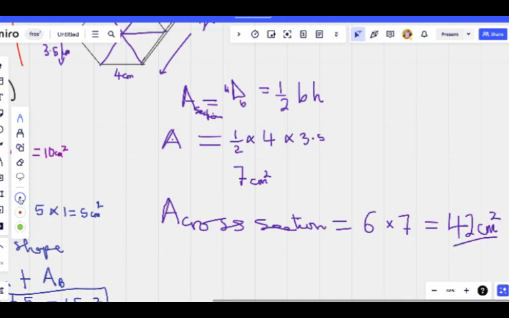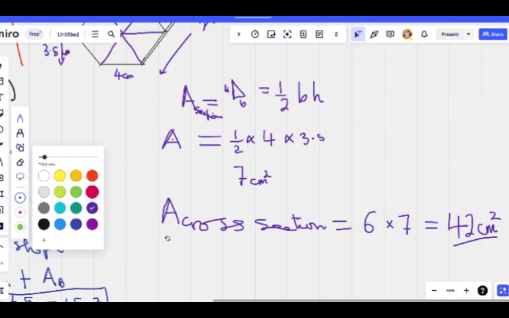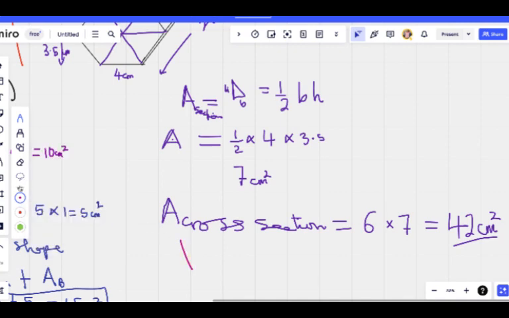For us to do the volume of this hexagonal prism, the volume is simply the cross-sectional area of the hexagonal base surface times the length, the long length. That's how to get the volume.